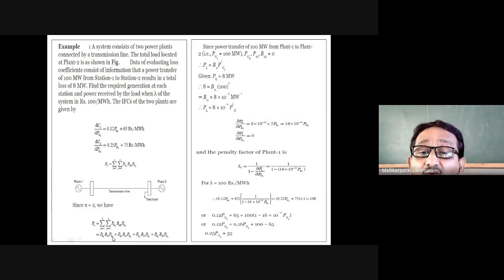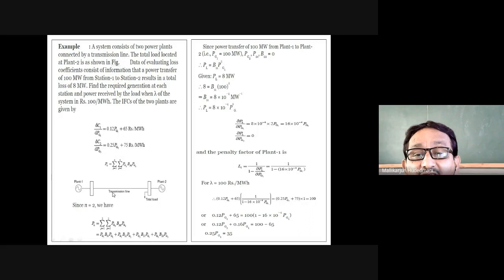Correct? Now, where is that load? You must see. The load is at plant 2, so there is no loss coefficient associated with plant 2. It means this equation will get simplified. When the load is on plant 2, wherever the subscript has a 2, those terms go 0, as there is no loss associated with plant 2.